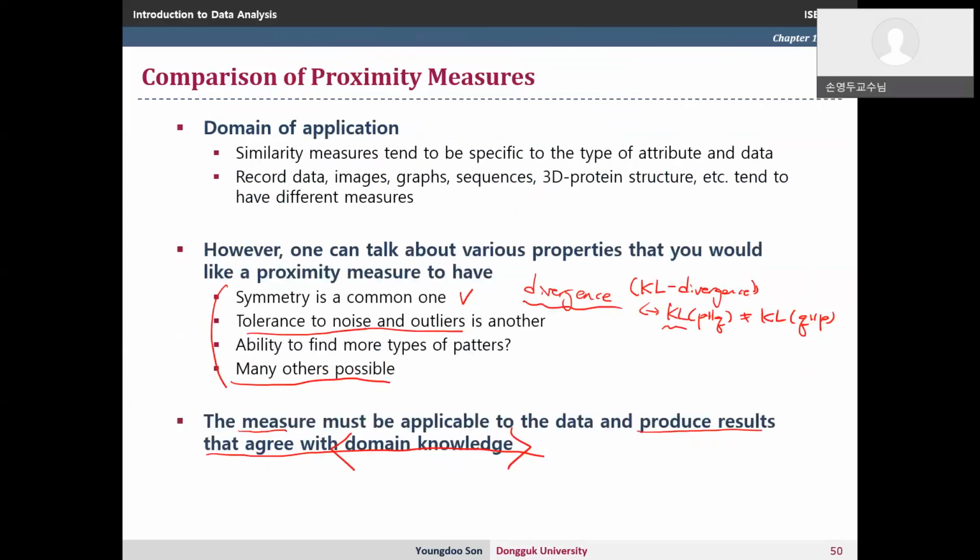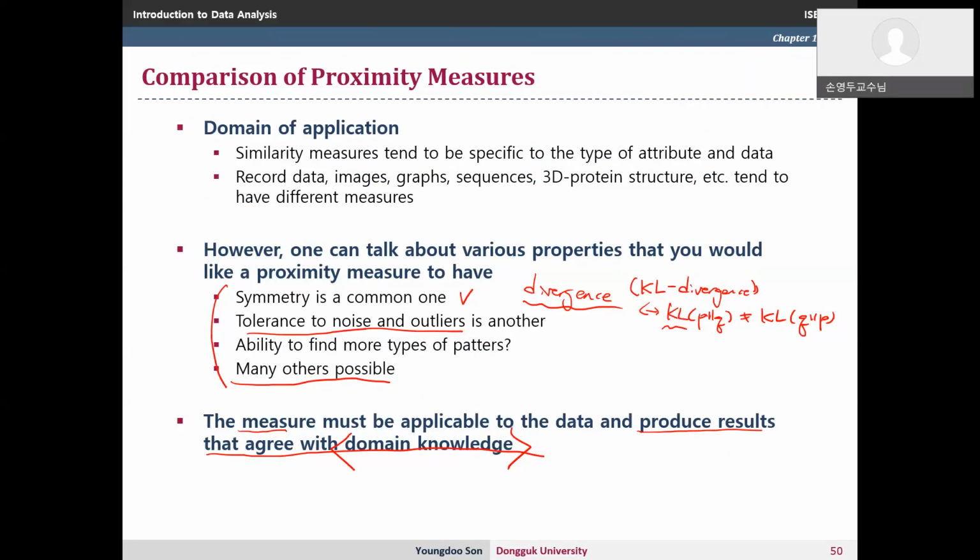So here we saw several proximity measures, actually too many proximity measures. However, the selection of these proximity measures highly depends on the domain of application.